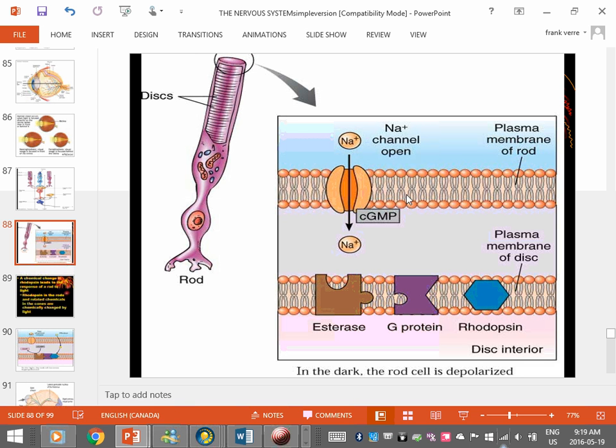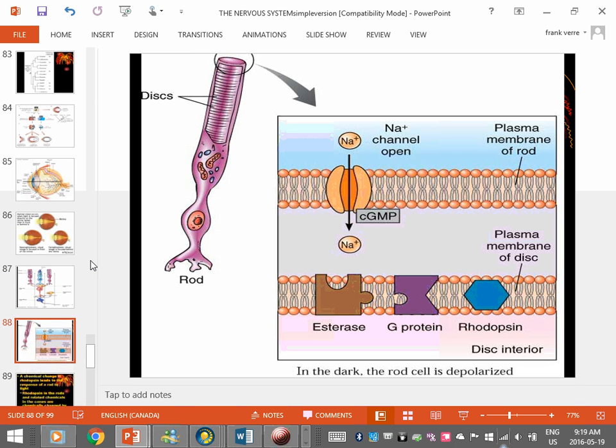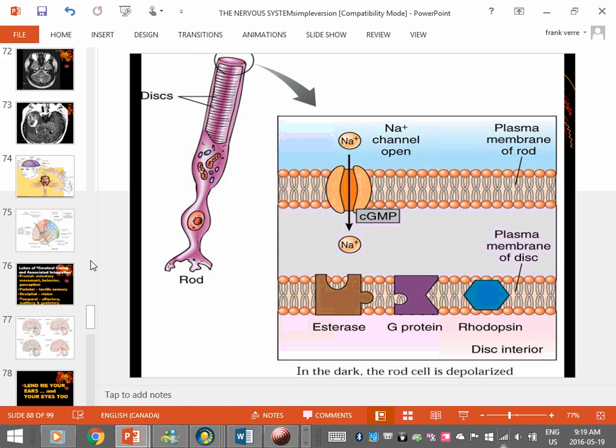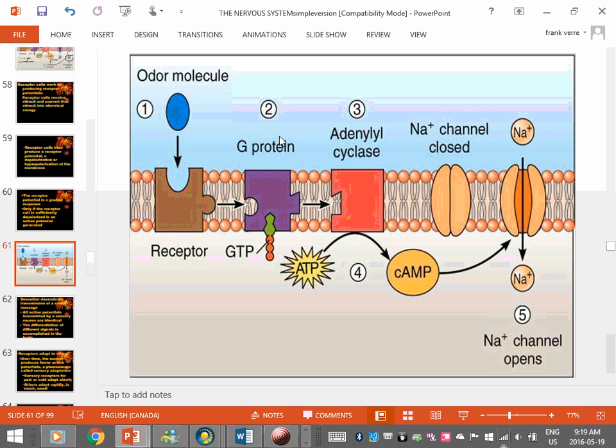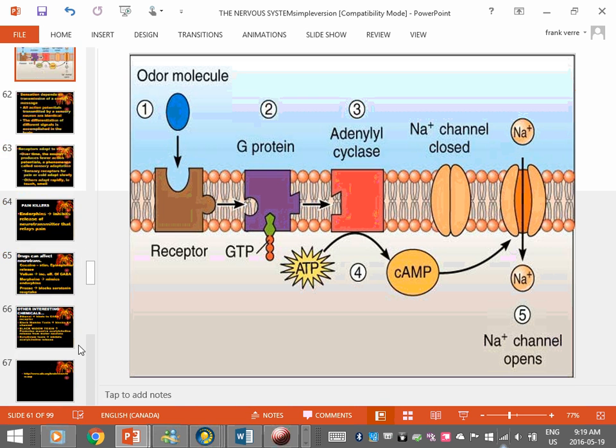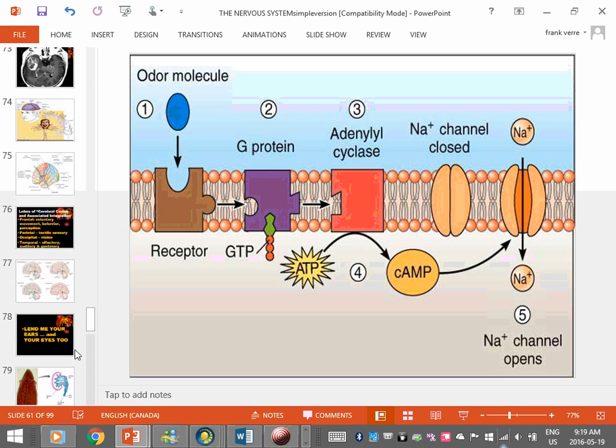Now, this is not the voltage gate, so this would be equivalent to the scenario I just showed you, very similar to the way we detect smell. Look, sodium channel opens, sodium comes in. Sodium is what charge? Positive. Voltage goes up, and then what do you get? You get an action potential.